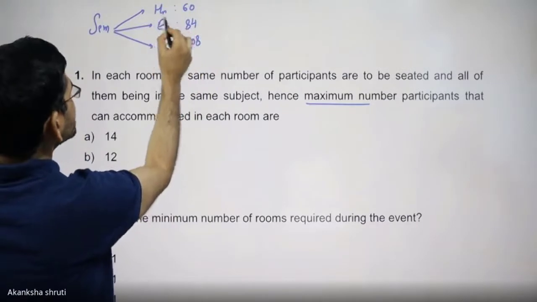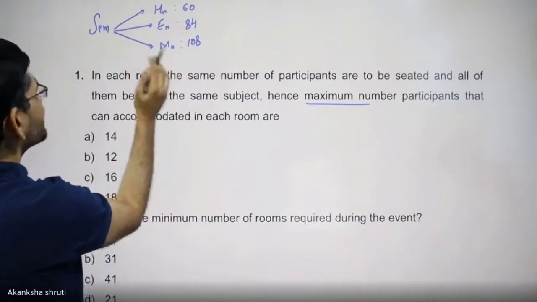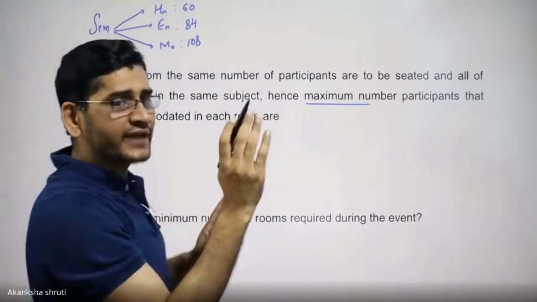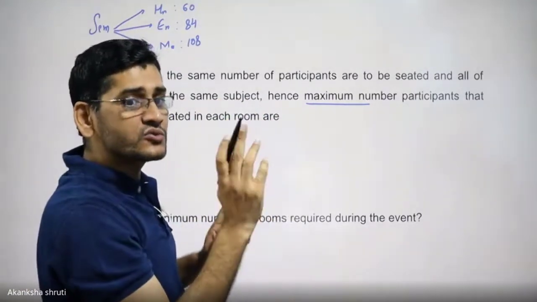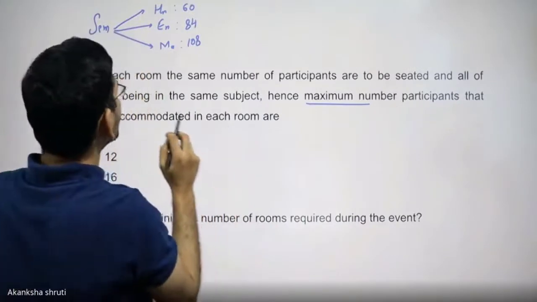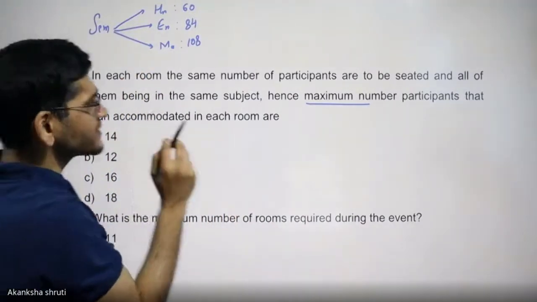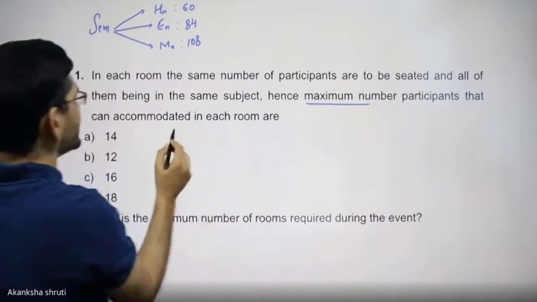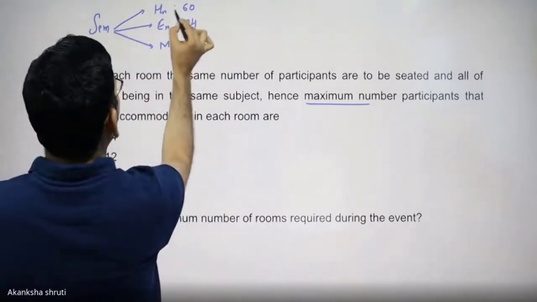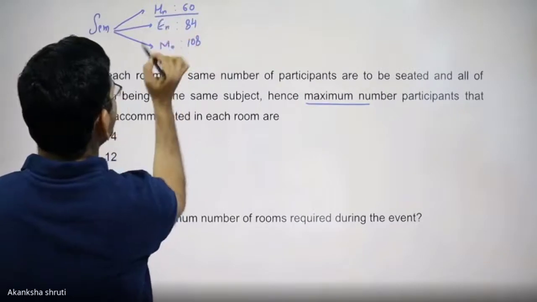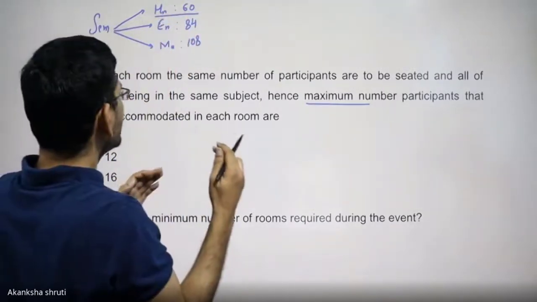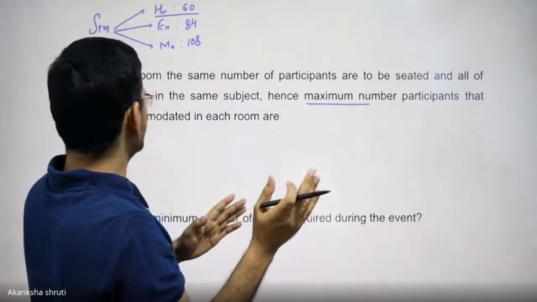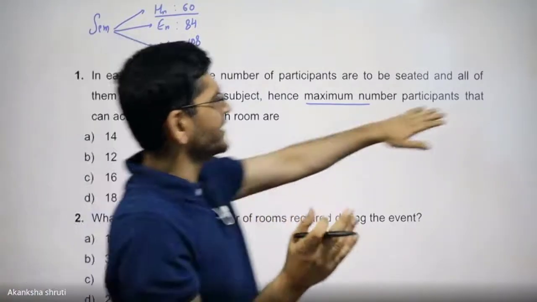Now, these participants have to be accommodated in different rooms so that each room must contain an equal number of participants of each subject. If you are taking Hindi, let us consider there be n participants that can be accommodated in a room.